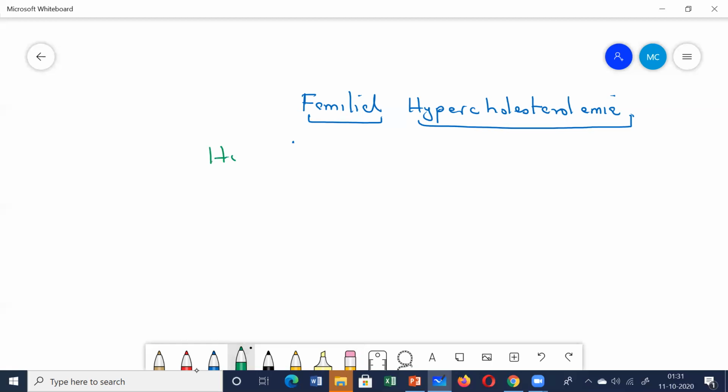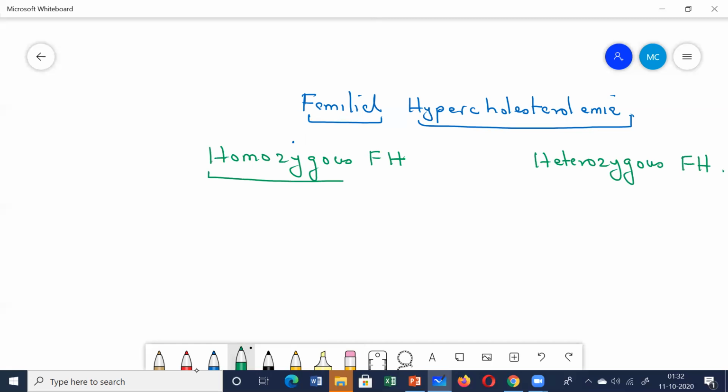Let us classify it into two categories: homozygous familial hypercholesterolemia, and the other one, heterozygous familial hypercholesterolemia. Remember, in the homozygous ones, if the patient is untreated, his LDL levels can shoot up to more than 465 mg per dl.